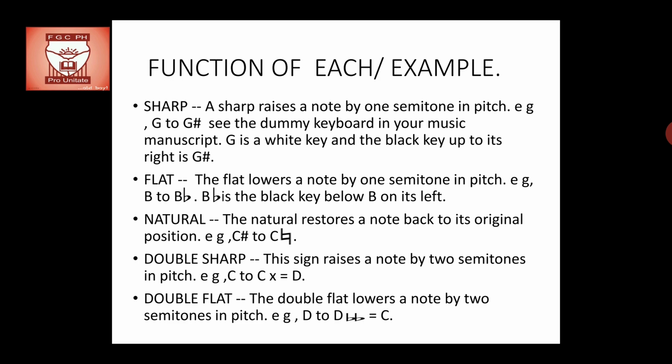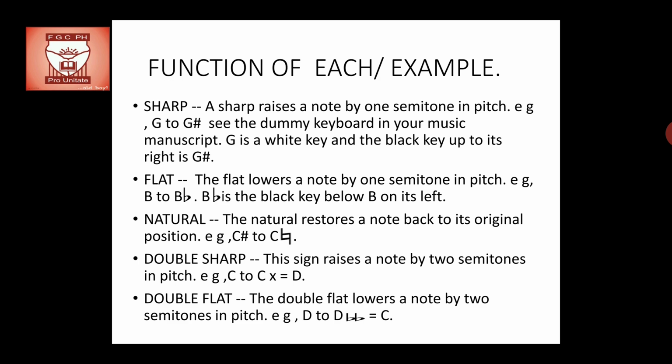So your D double flat will be the black note below your D, and then moving from that black note down further to C. So you'll be moving from D backward to D flat. When you come from D flat down a semitone below again, you'll be landing on C. That gives you your D double flat.